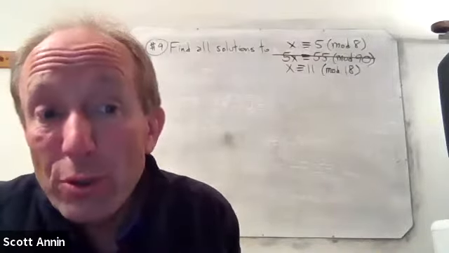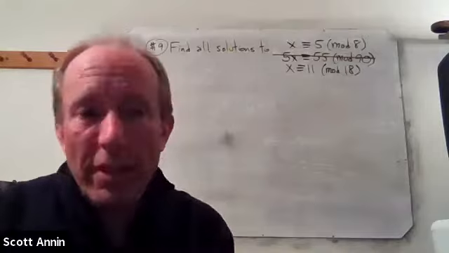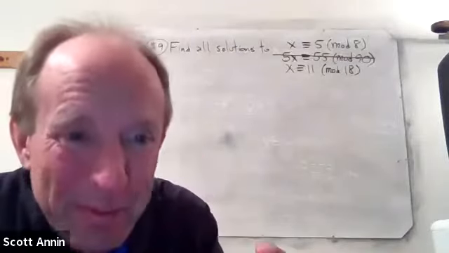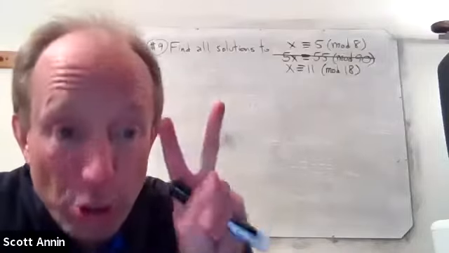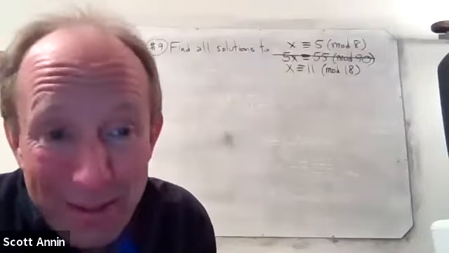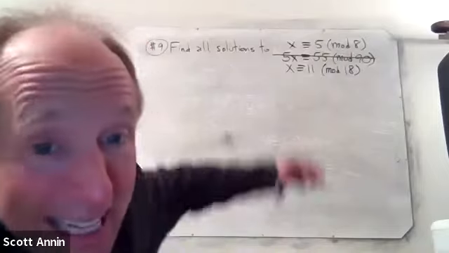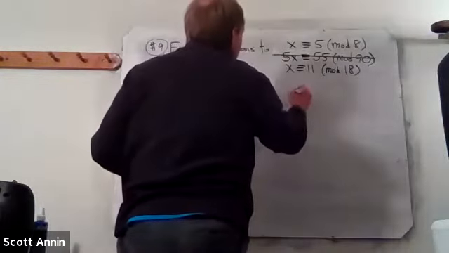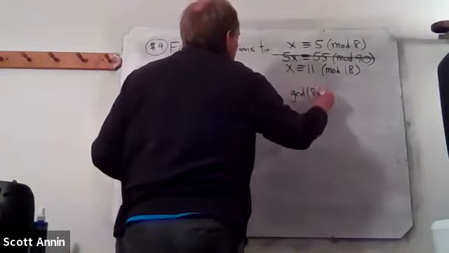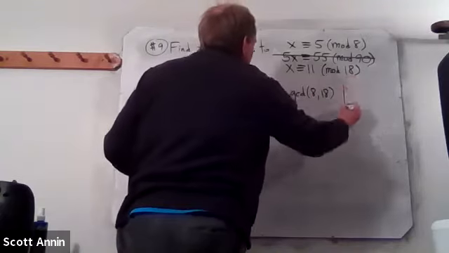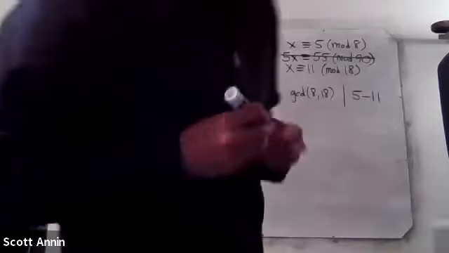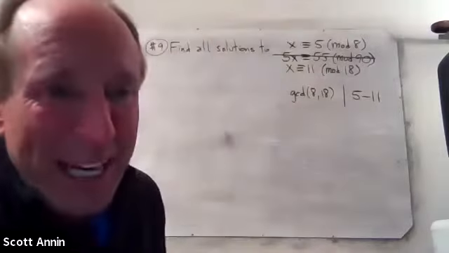So what we can do is use the alternative approach for a system of two congruences where the mods are not relatively prime. First of all, again, the system may not have a solution. To test for whether there's a solution at all, the question is, does the GCD of the two mods divide A minus B?